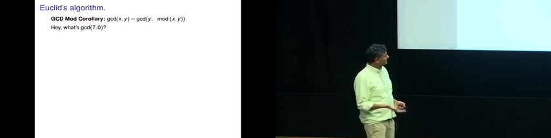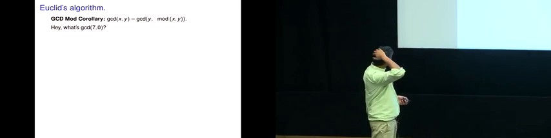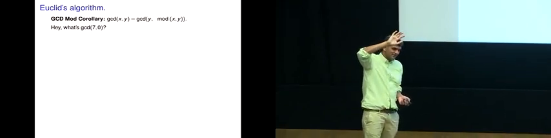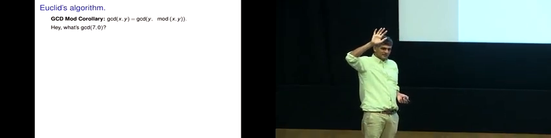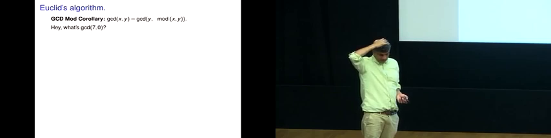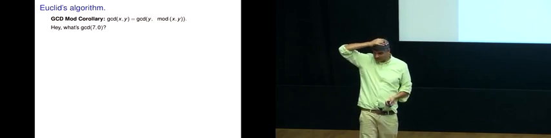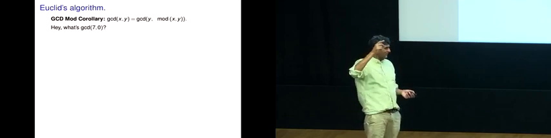So what is GCD of 7 and 0? We have to do one more part to get a base case. To get an induction, you have to do a what case? I just told you. Base case. So what is GCD of 7 and 0? What is the largest factor? It's got to be one of two things, 0 or 7.